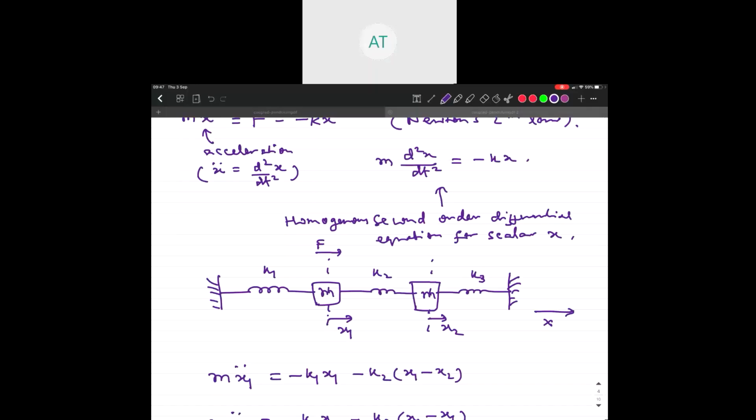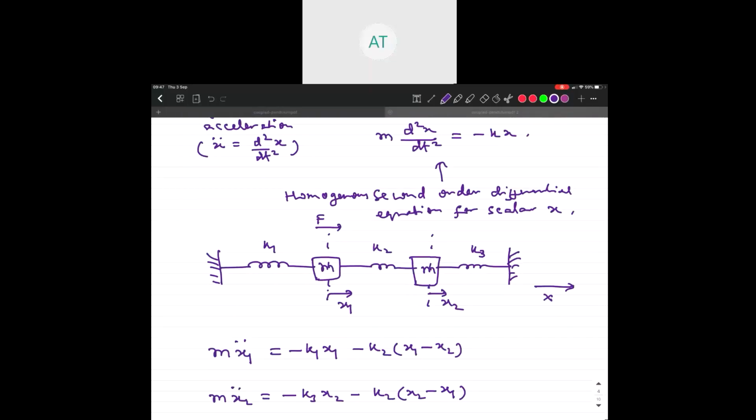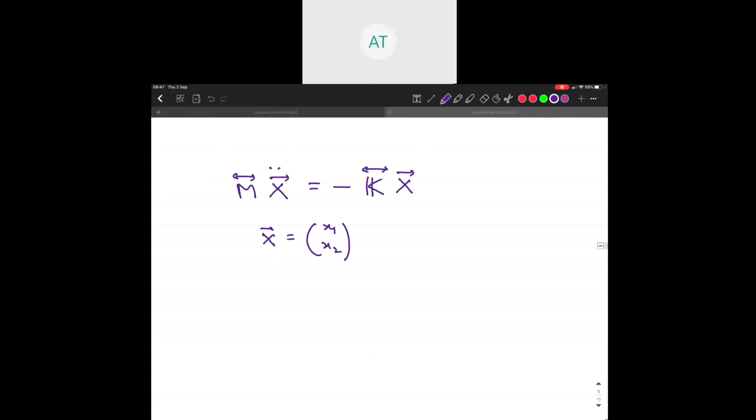When you added more springs, it is a situation where you now have m x double dot, where m is now a tensor of rank 2, but the dimension is 2 by 2. So now there is something called rank, something called dimension.